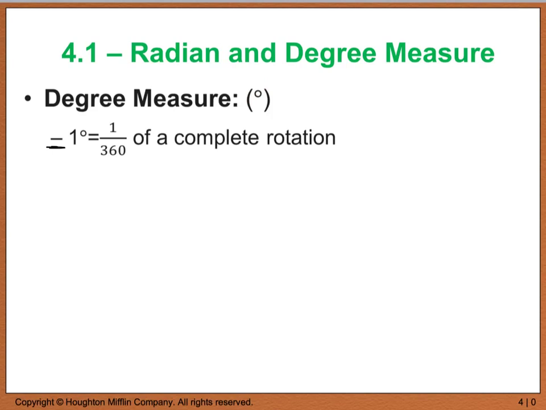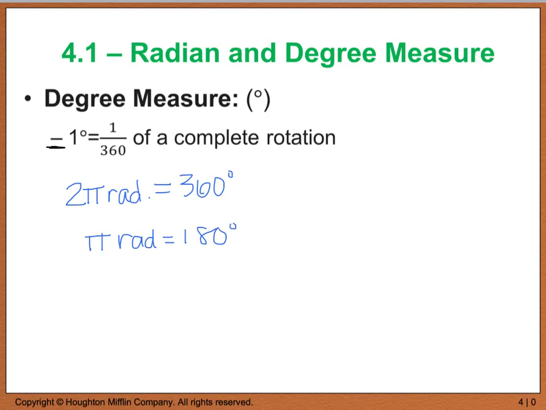Now with that piece of information, we know that 1 revolution is equal to 2 pi radians, which is equal to 360 degrees. So we have 2 pi radians is equal to 360 degrees. And if I simplify that ratio and divide everything by 2, I have pi radians is equal to 180 degrees.